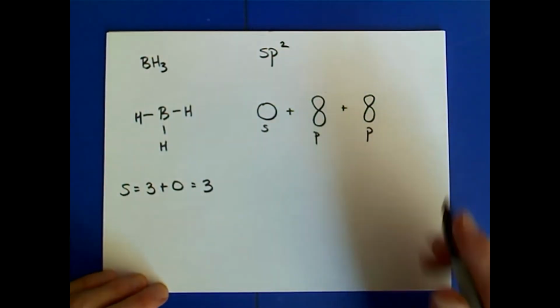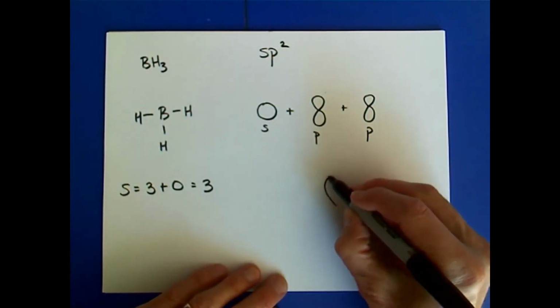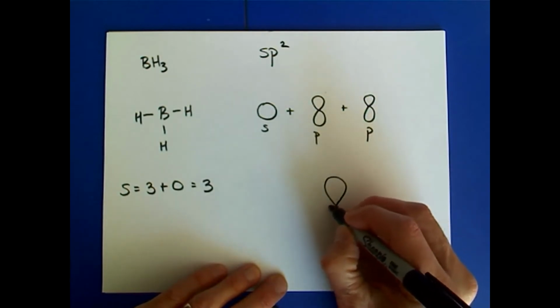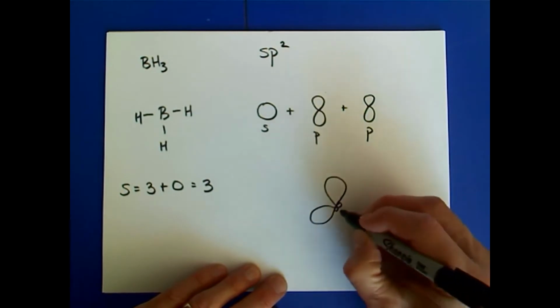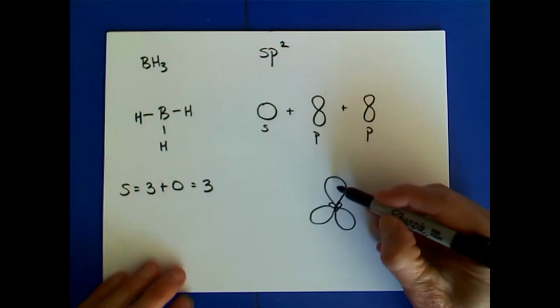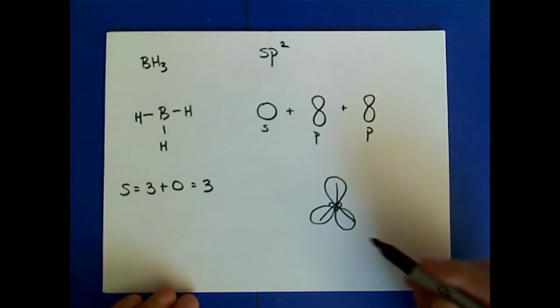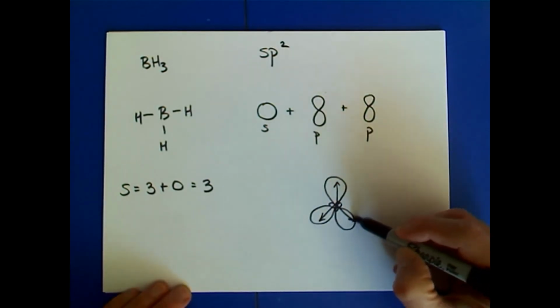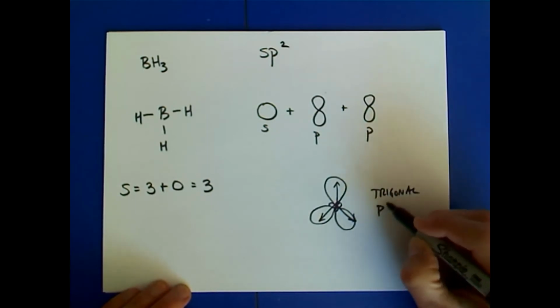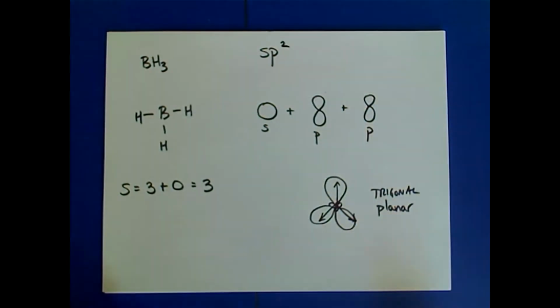Well, if this happens, you get 3 sp2 hybrid orbitals that point to the corners of an equilateral triangle in a trigonal planar arrangement.